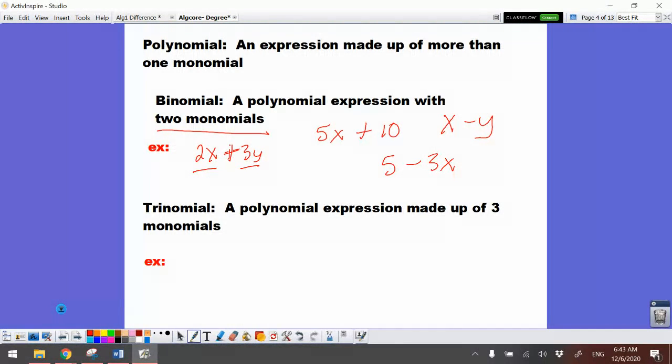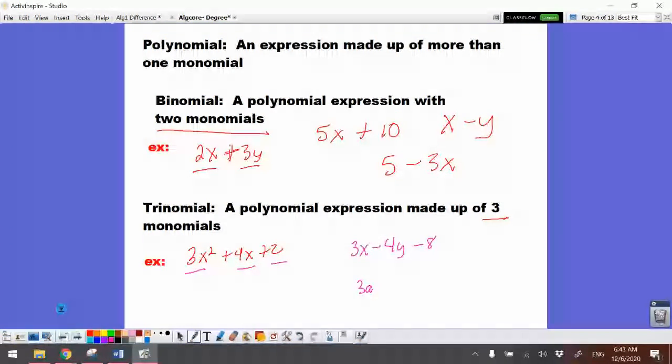A trinomial is going to be similar, but it's made up of three. So something like 3x squared plus 4x plus 2, where I see 1, 2, 3 completely different terms, okay? Three completely different terms put together with adding and subtracting. 3x minus 4y minus 8, that would be another one.